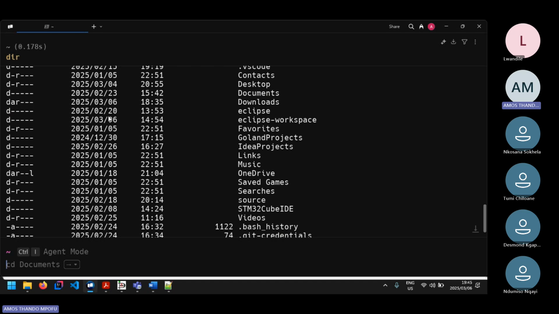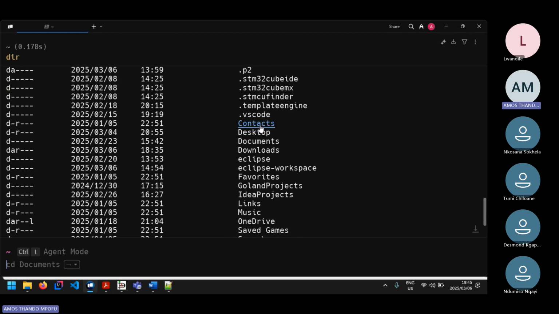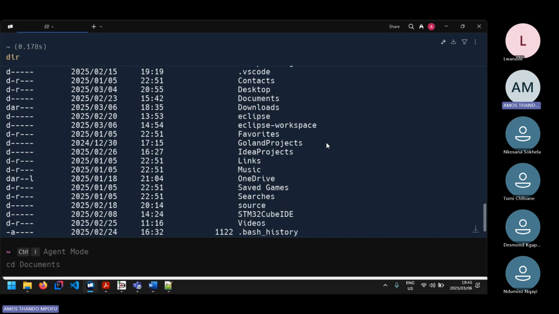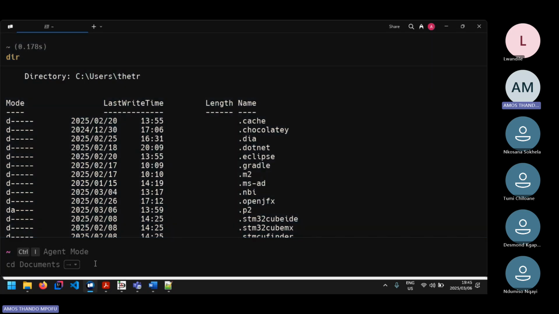But you can see this is the date and this is the time those folders were created. And like I said, this terminal is cool. It's the latest cool thing. You can click here to open the folder, and then it goes to that folder. So this is everything currently within this directory. Now I can type different commands to move in, to delete a file, to create a file. I can do all of that.